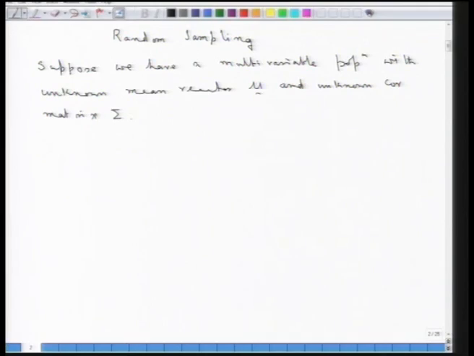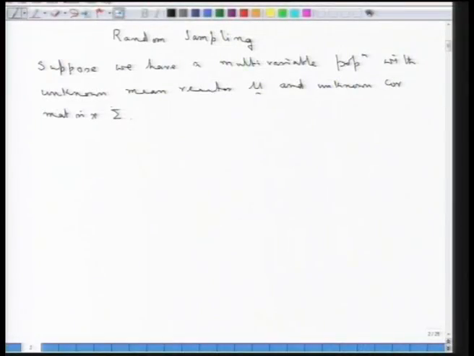For all practical purposes, when we are considering a multivariate population, these two quantities, the mean vector mu and the covariance matrix sigma, are unknown.